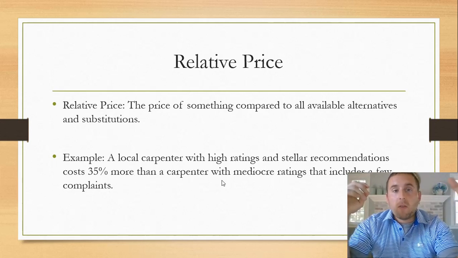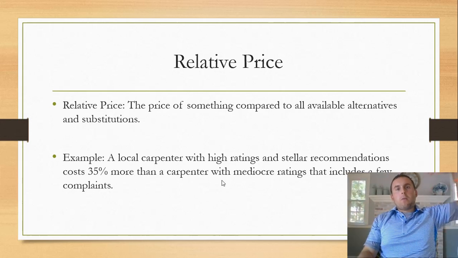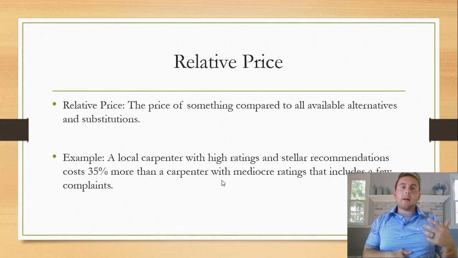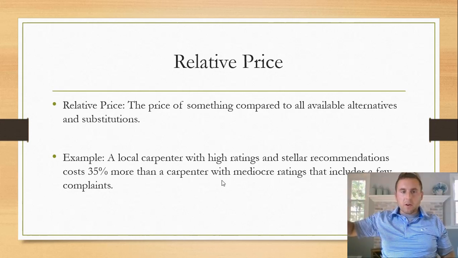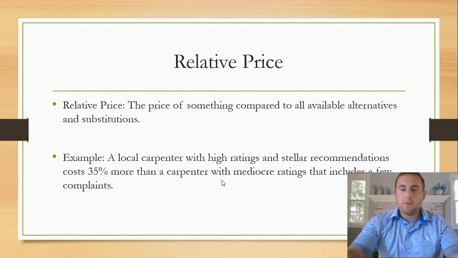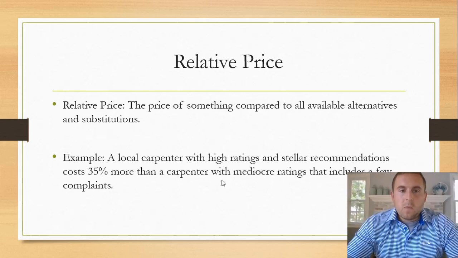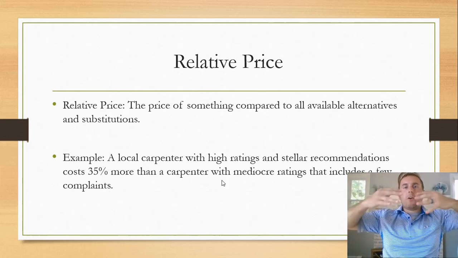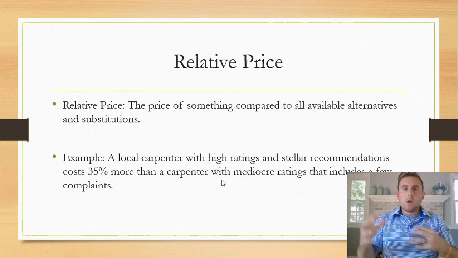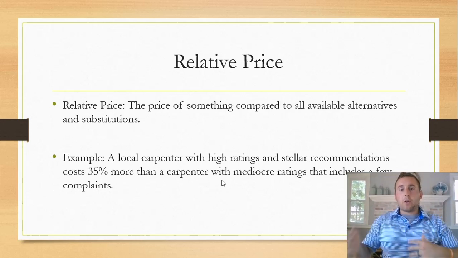So the carpenter with the great reviews is going to charge a little bit more because he or she knows, I have great reviews, I have a great reputation, people know that I'm going to do a good job, whereas another carpenter doesn't have great reviews. So this is relative price, comparing other goods or services to each other. They're always looking around to see what the prices are of other goods or services.